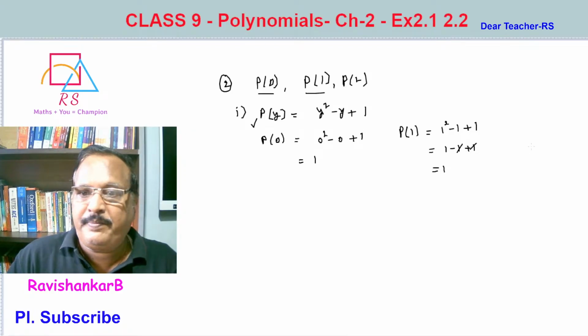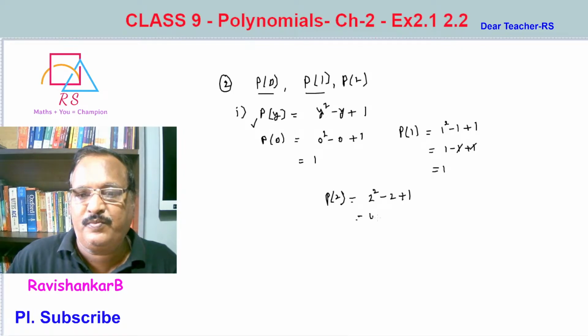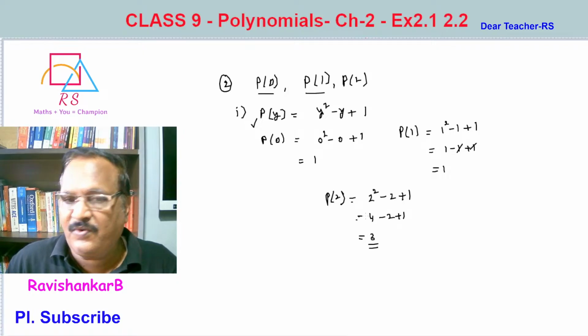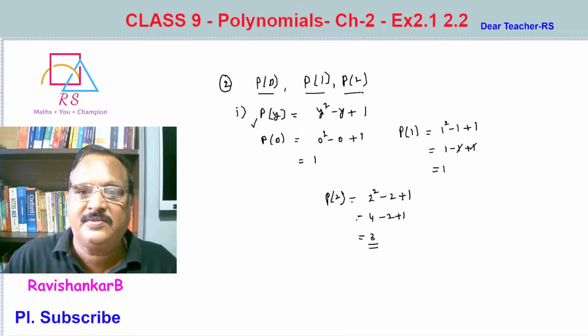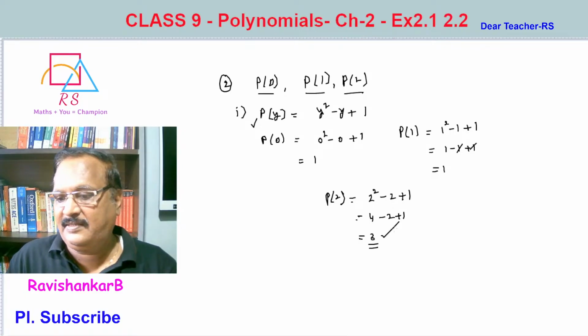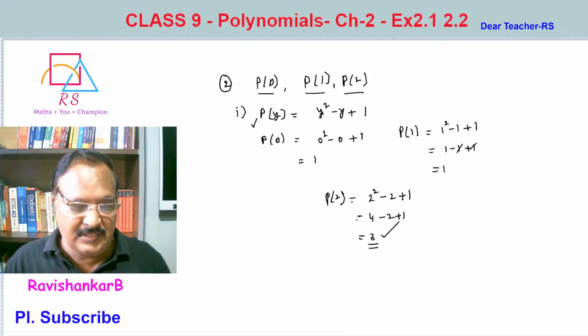Now P2: P2 is equal to 2 square minus 2 plus 1. So 4 minus 2 plus 1, which is equal to 3. So the value of P2 is equal to 3. This is how you have to do the second question.